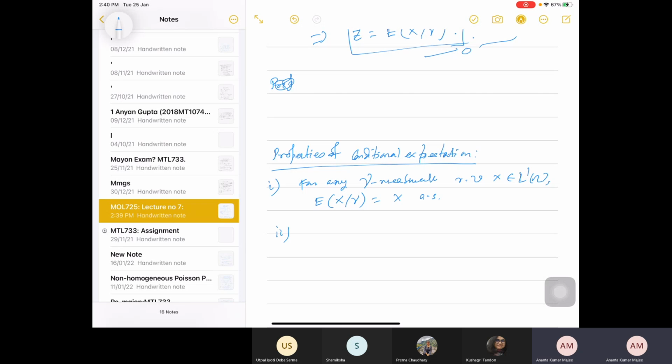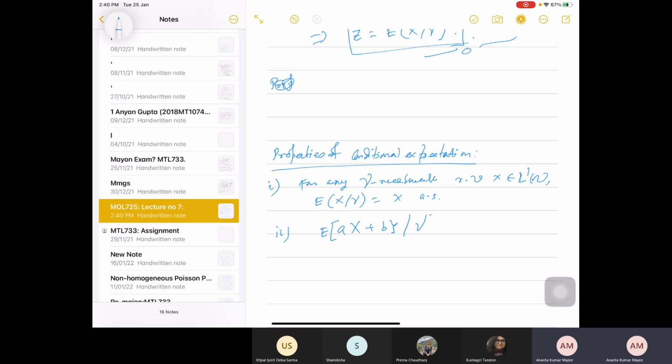And second, expectation is nothing but the integration, no? Integration over omega of X dP. What we know is that the integral is linear. So here we will see that conditional expectation is also linear. In particular, if you have aX plus bY, where X and Y both are integrable and a, b are any real numbers, so aX plus bY is integrable, then I can talk about the conditional expectation.